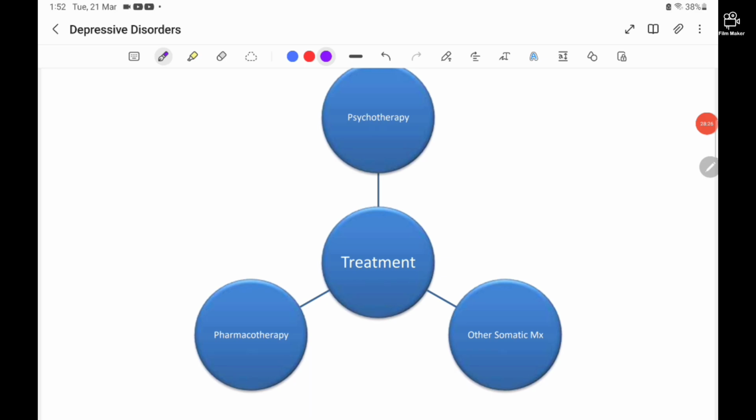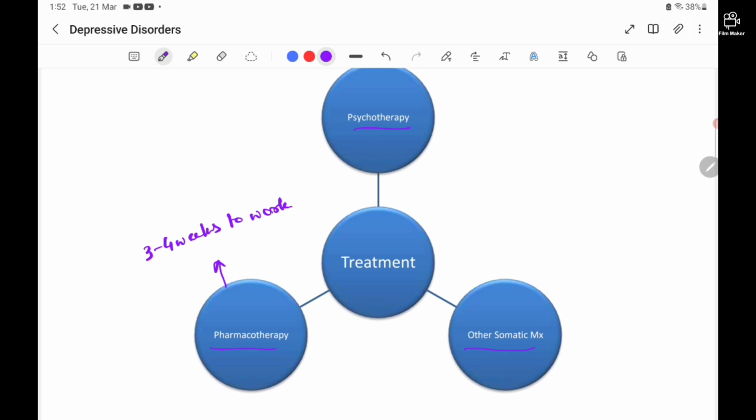Now in the treatment we basically use three modalities: psychotherapy, pharmacotherapy, and there are some other somatic managements. In pharmacotherapy, a very important point to note is that any antidepressant therapy takes 3 to 4 weeks to work.